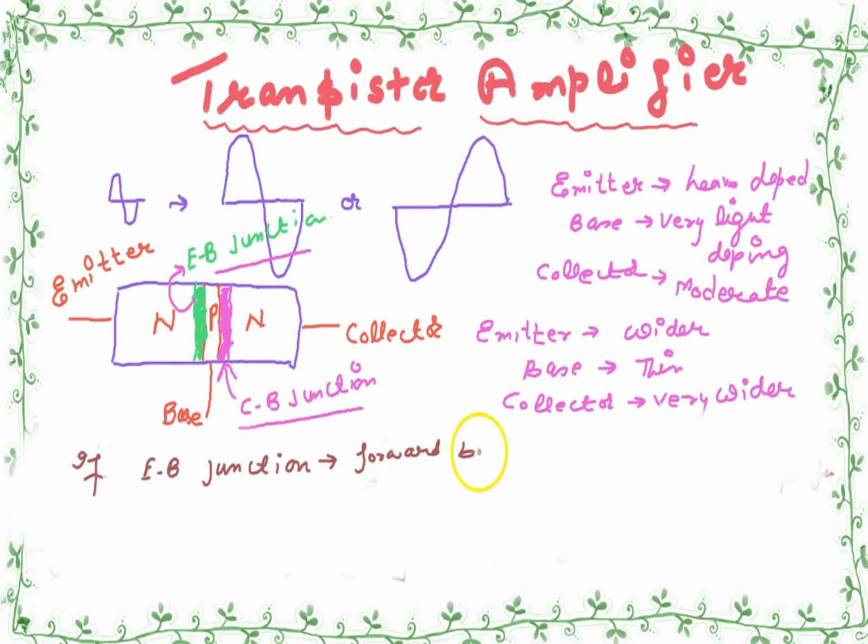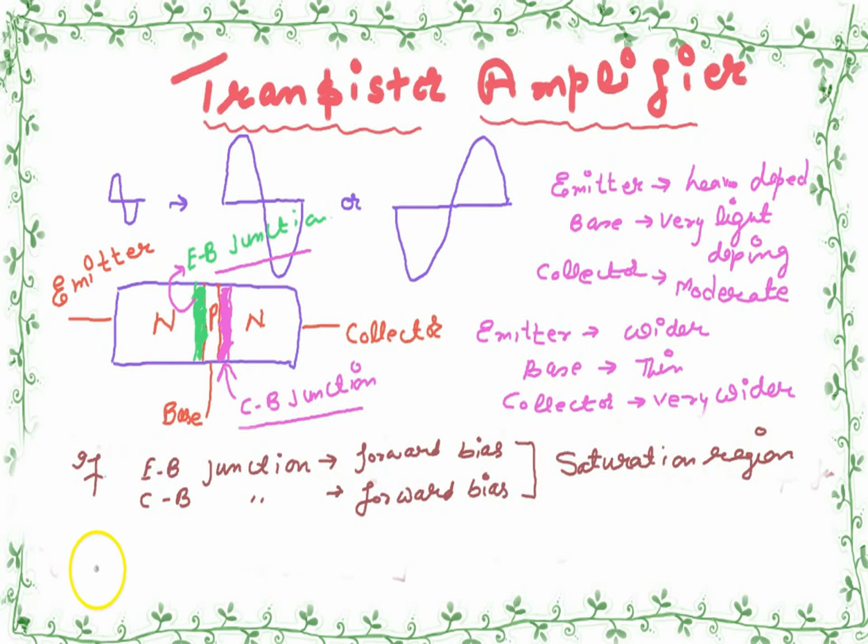If the emitter base junction is forward biased, as well as the collector base junction is forward biased, again this is not a good situation. This is called the saturation region, because the collector current will be saturated. The collector current will be constant. It will not change with the base current.